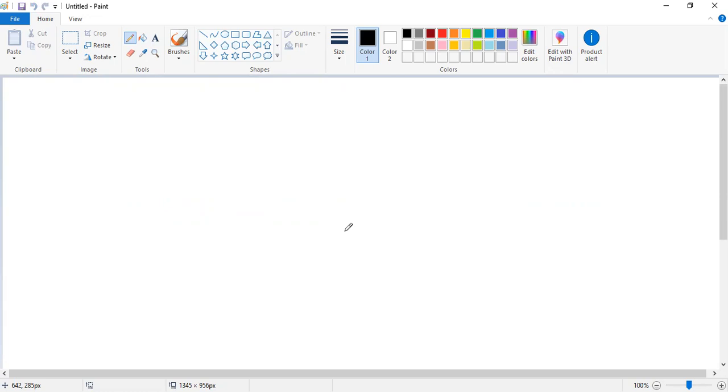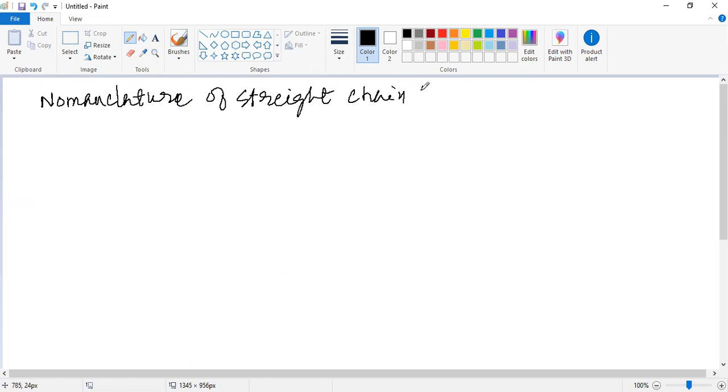Now, the nomenclature of alkanes, which are straight chain hydrocarbons. Let us first start with the first 1, 2, 3, 4 carbons.